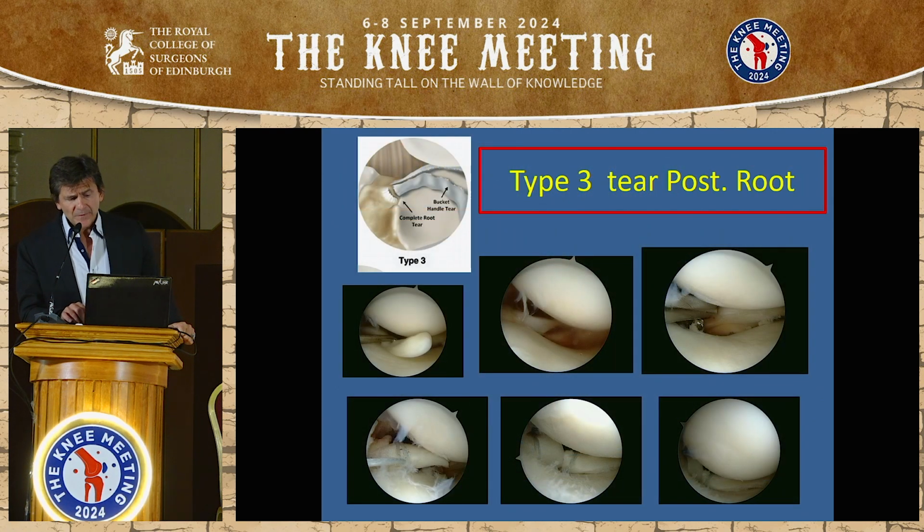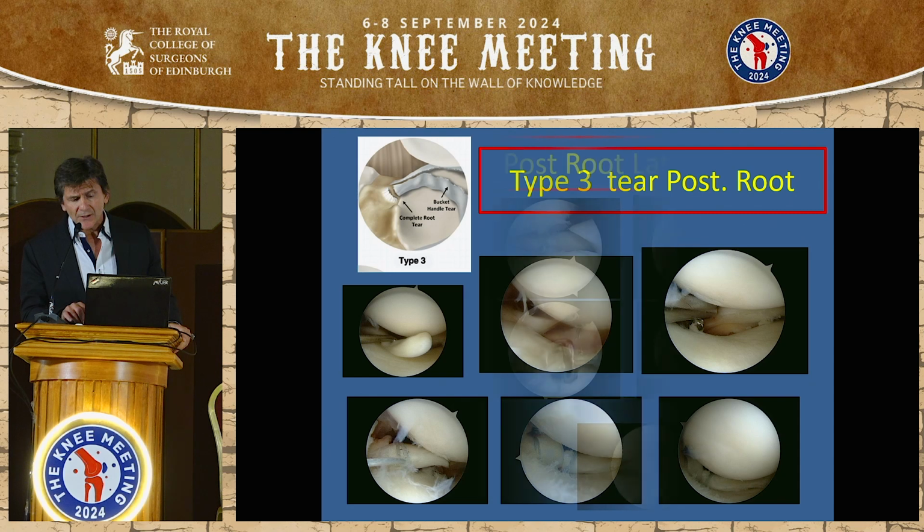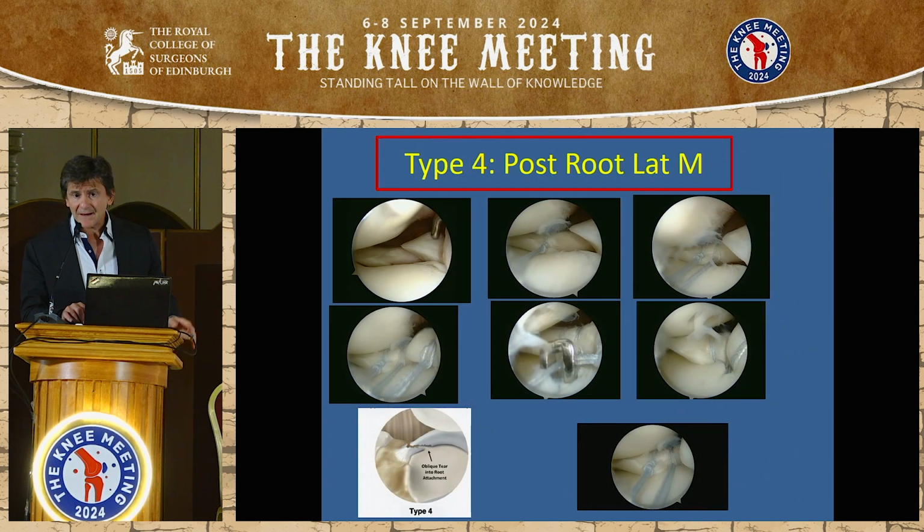In type 3, sometimes you have to remove part of the meniscus if there is a flap, and then with the remaining meniscus, you can do the repair with the transtunnel.